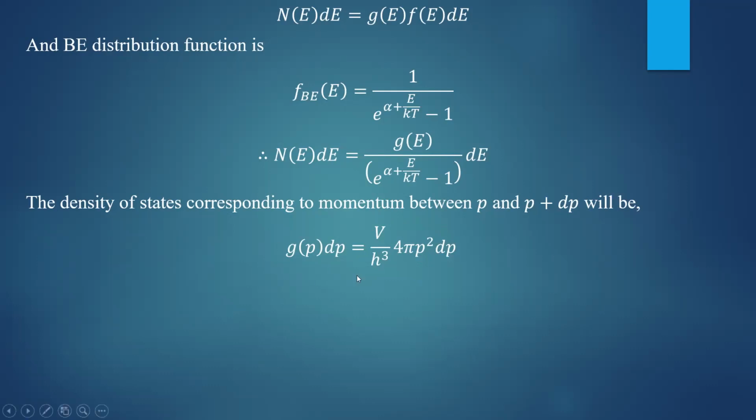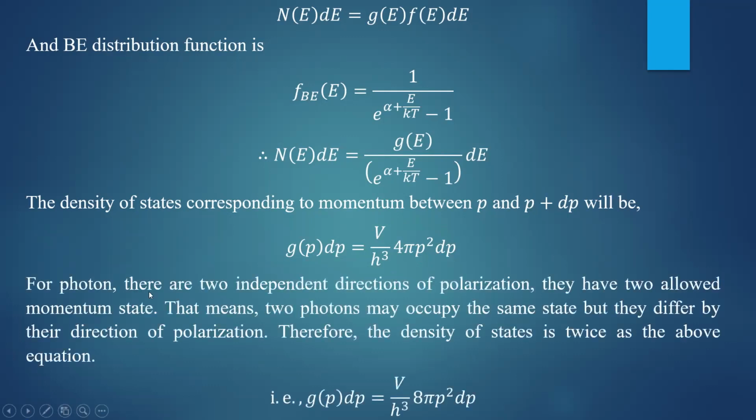I will not spend much more time here. Now, this is the number of available states. But here, in case of photons, there are two independent directions of polarization, longitudinal polarization and transverse polarization. Basically, they have two allowed momentum states.